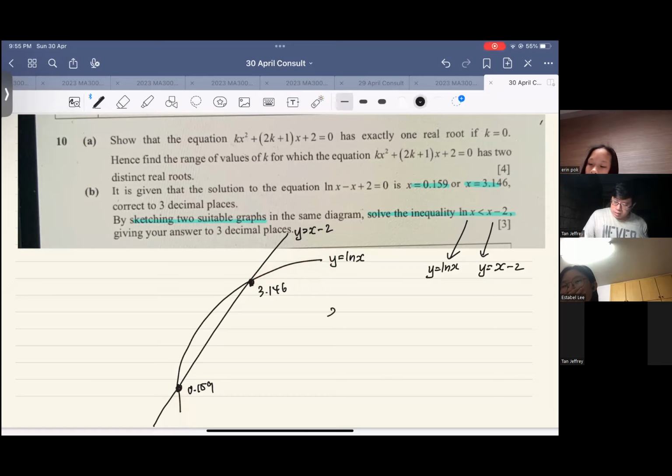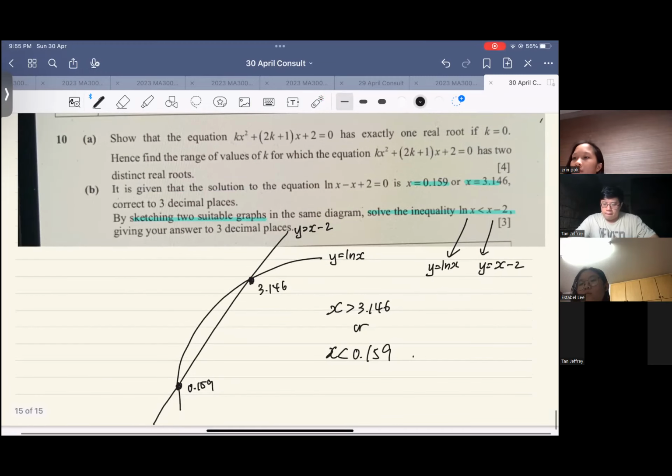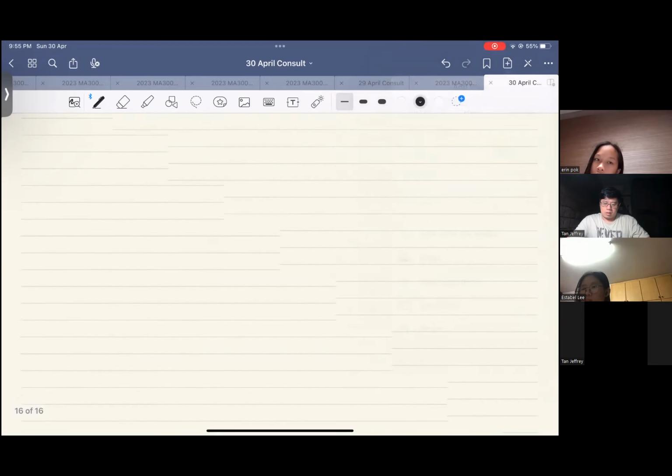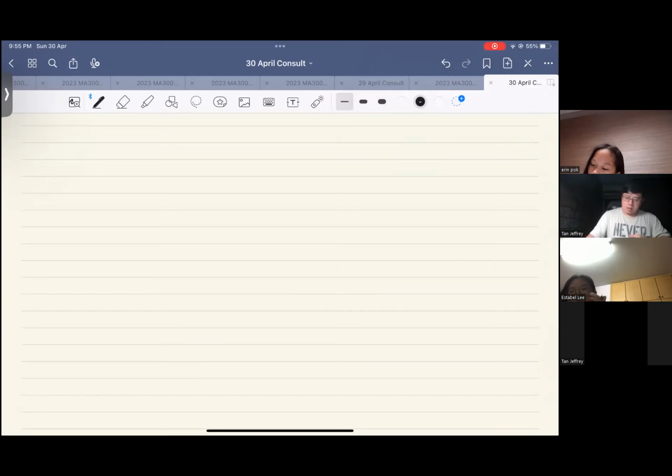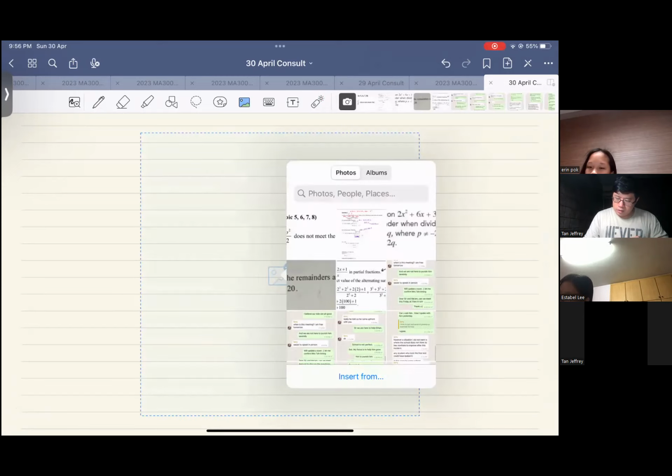So the answer will just be x more than 3.146 or x less than 0.159. So far, okay?